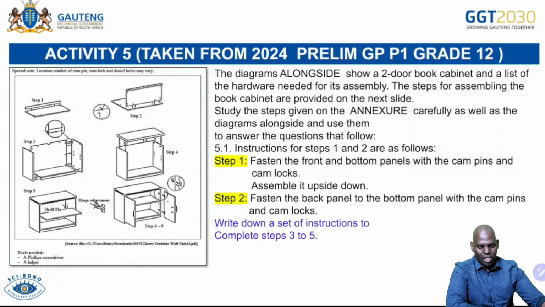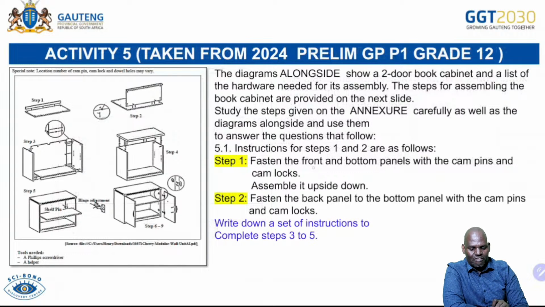So in this case you are given step number 1. In step number 1 they say fasten the front and bottom panels with the cam pins and cam locks. Assemble it upside down. That is step number 1.